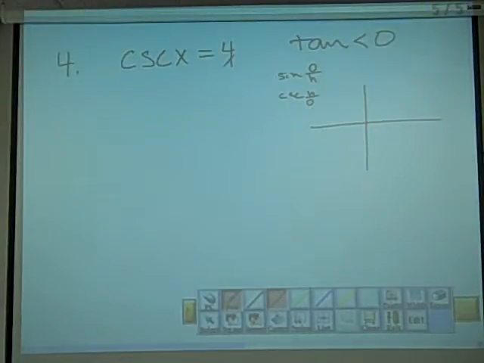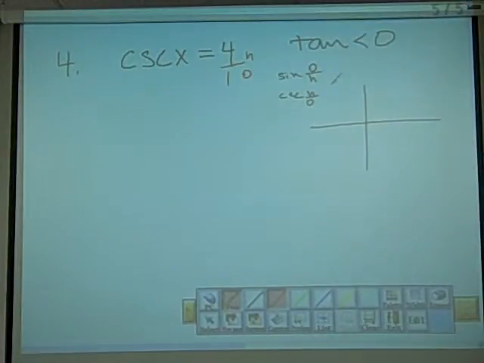So this 4 over 1 will be 4 is our hypotenuse, 1 is our opposite side. So notice 1 is positive. Okay, so that means the opposite side is positive. That means that's the y side. So y is positive, so that means it's either in quadrant 1 or 2.